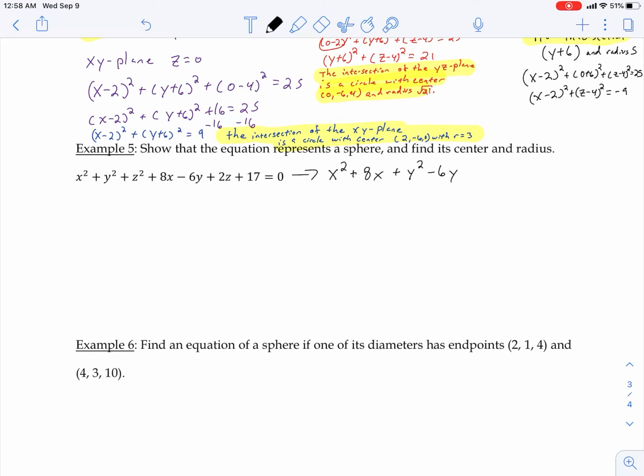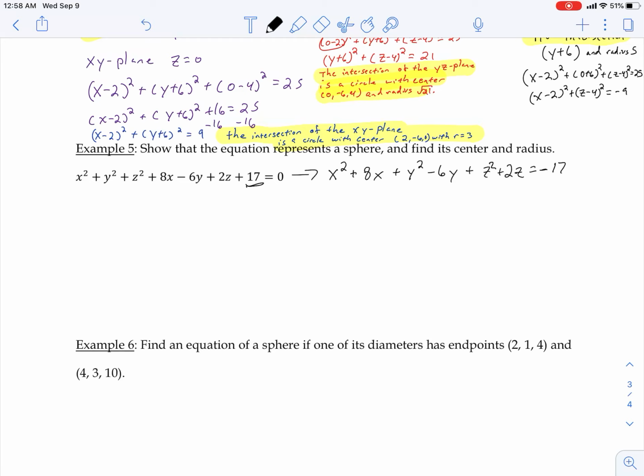I'm going to group all my x's and all my y's and all my z's together. Plus z squared plus 2z equals, and I'm going to move that plus 17 over to the right-hand side. It's just easier to work with, and I'll show you why in a second.